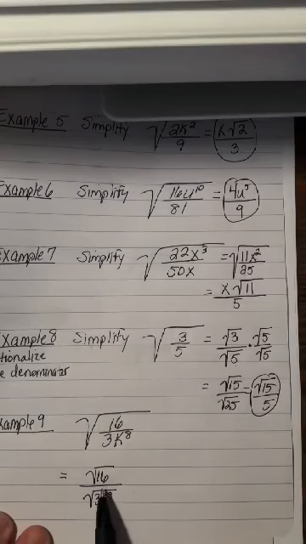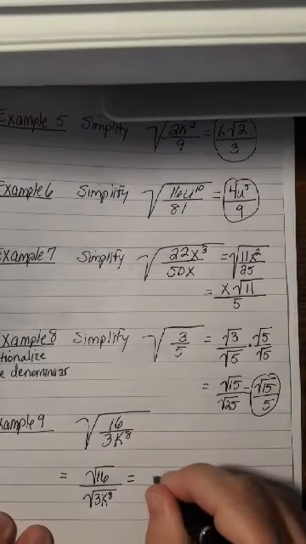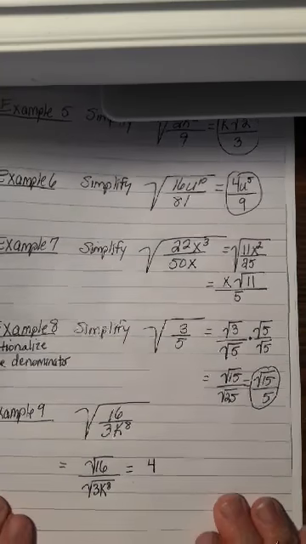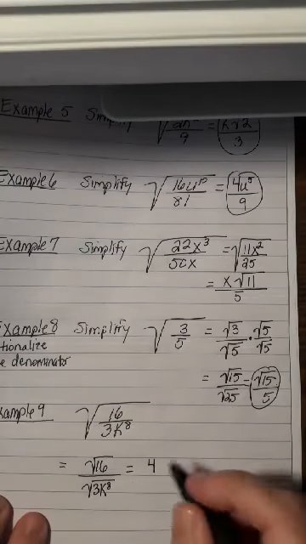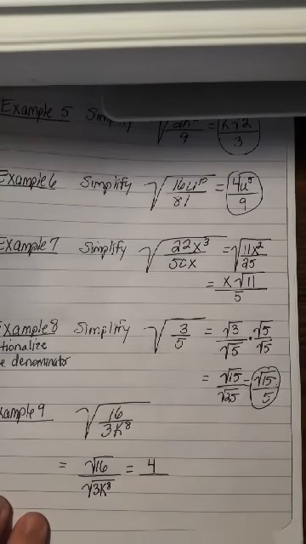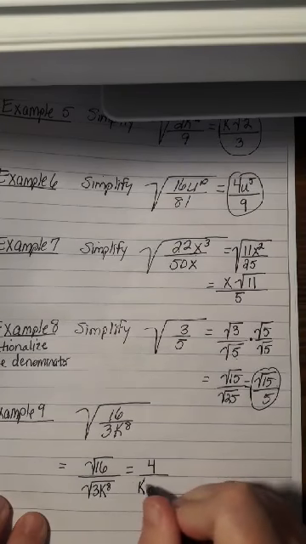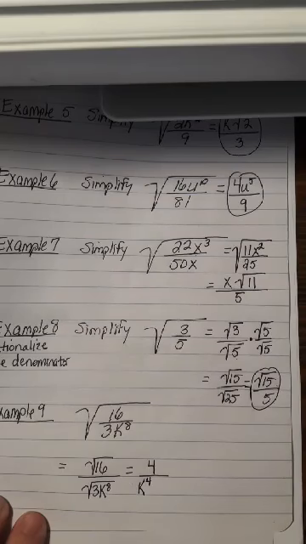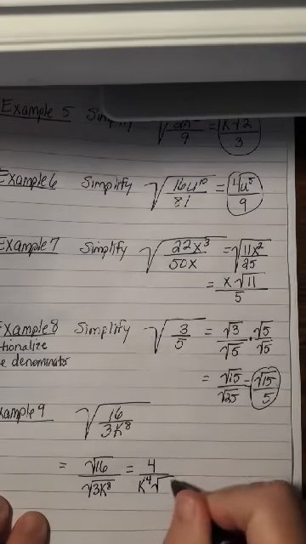So the square root of 16 is 4. And then on bottom you have the square root of 3k to the 8th. And you cannot take the square root of 3, but you can half your k to the 8th and bring it out as k to the 4th. You half your exponent. And then you're left with the square root of 3.